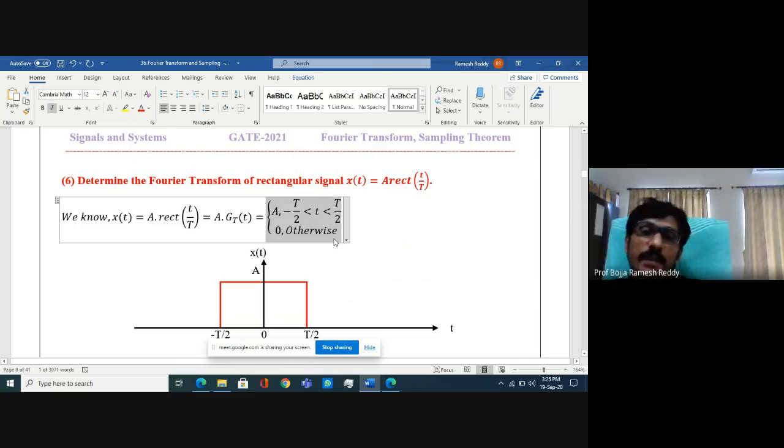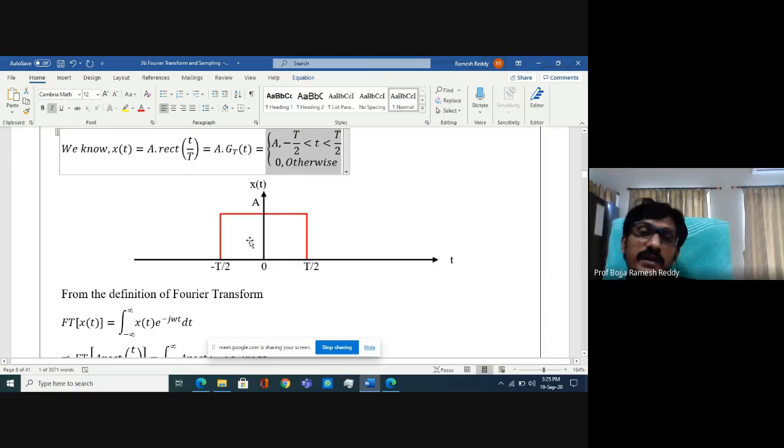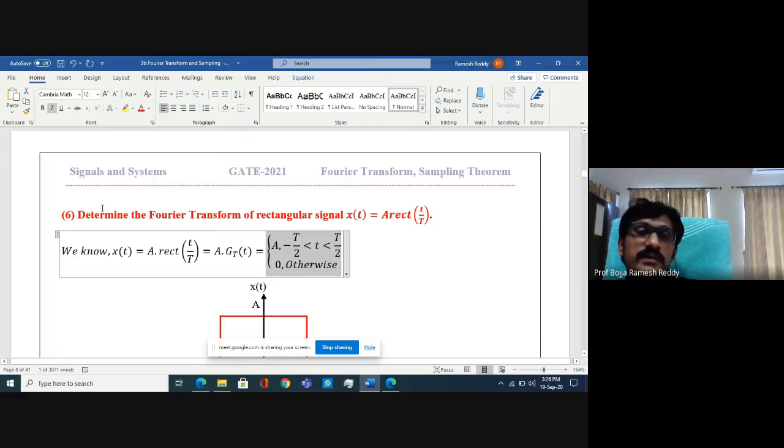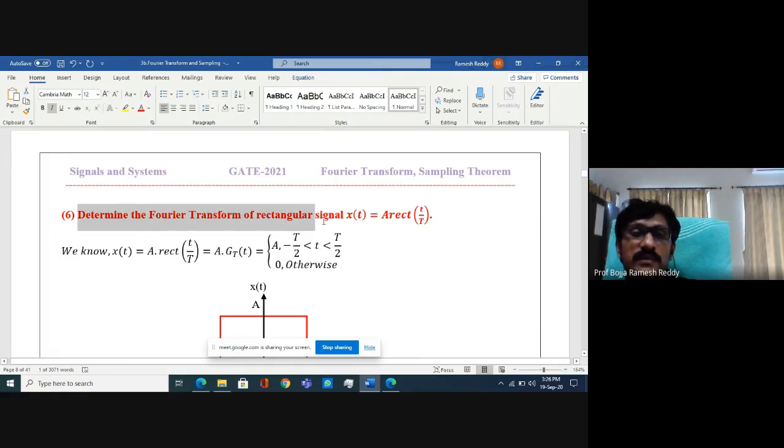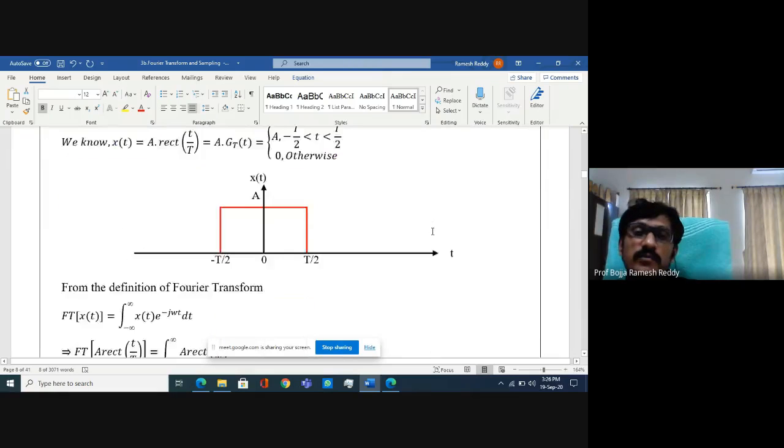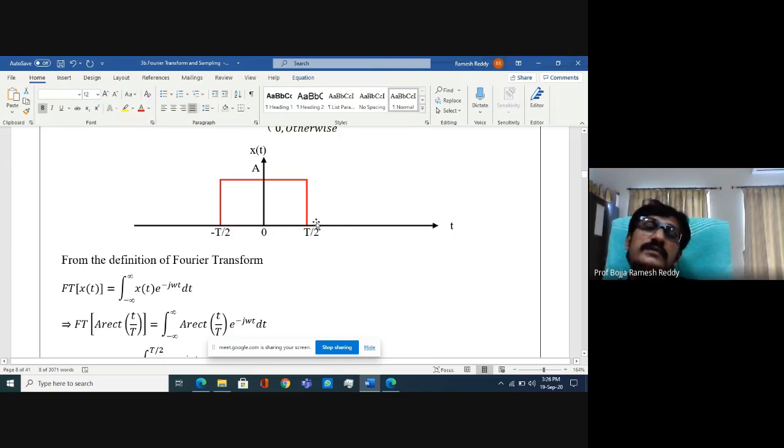Here capital T shows the duration of the rectangle, and capital A shows the height of the rectangle. Now for this rectangular signal, what is the Fourier transform? Finally, we will conclude that rectangular signal and sinc signals are Fourier transform pairs.